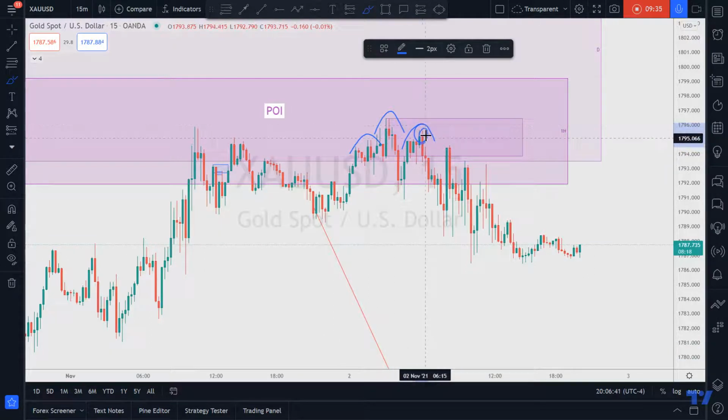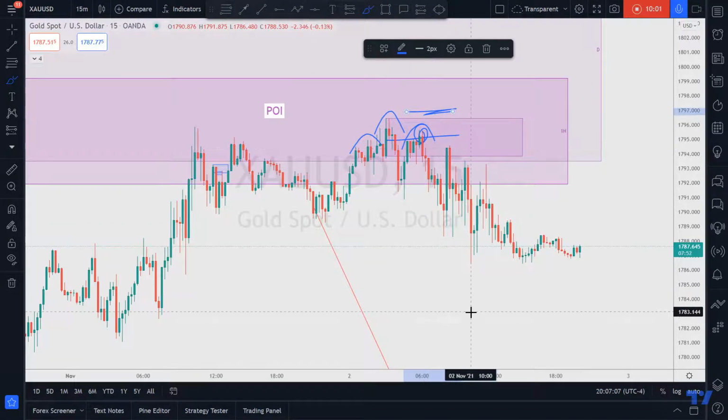Here is my entry. Now, I could have a pending here at the halfway point of a larger bullish candle or IC candle, the institutional candle. I will go to the halfway point and I would have my stop loss above the order block in which I enter.